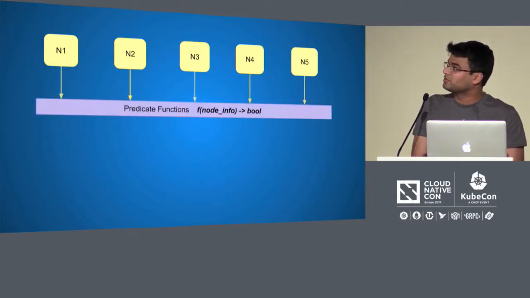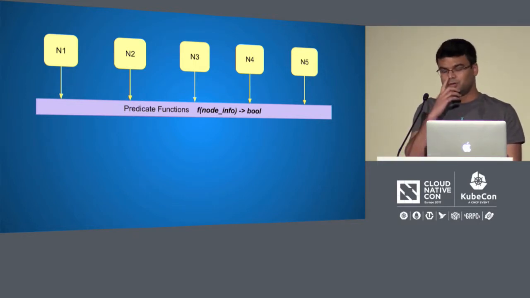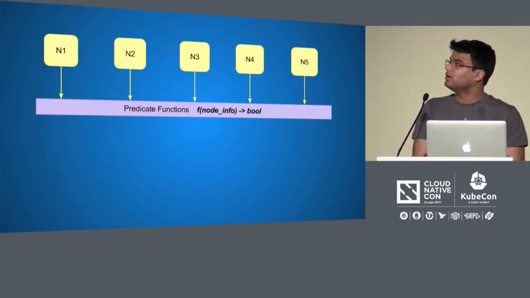In the first step, the scheduler applies certain predicate functions to all the nodes in the cluster. These predicate functions are basically used as a filtering mechanism as to whether that node is fit to run that container or not.